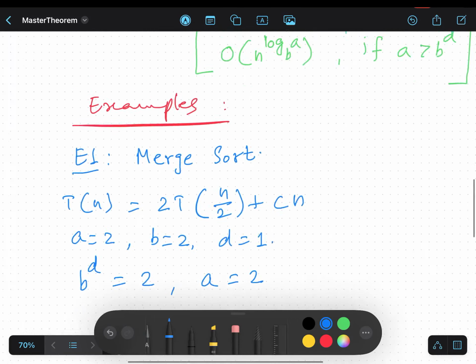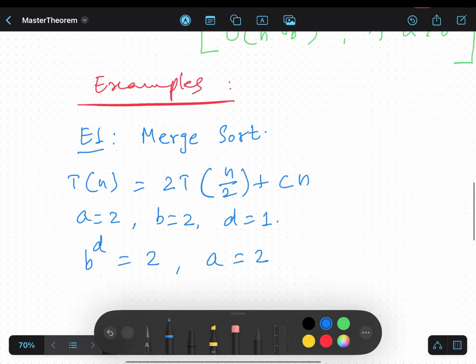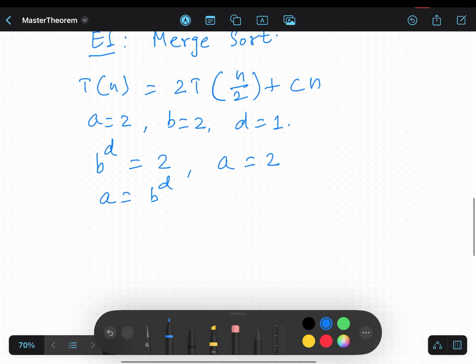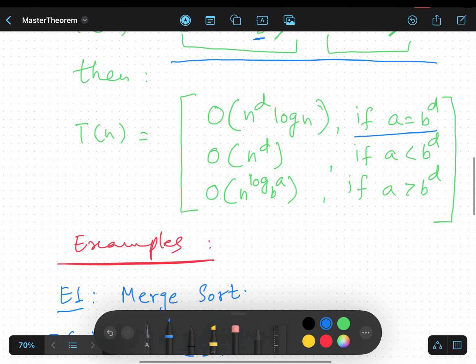So what case we have? We have the first case where a is equal to b to the power d. And so the time complexity is n raised to the power d log n.